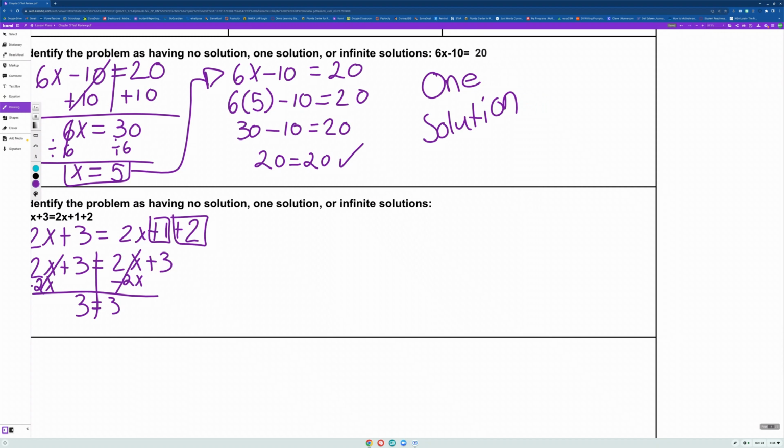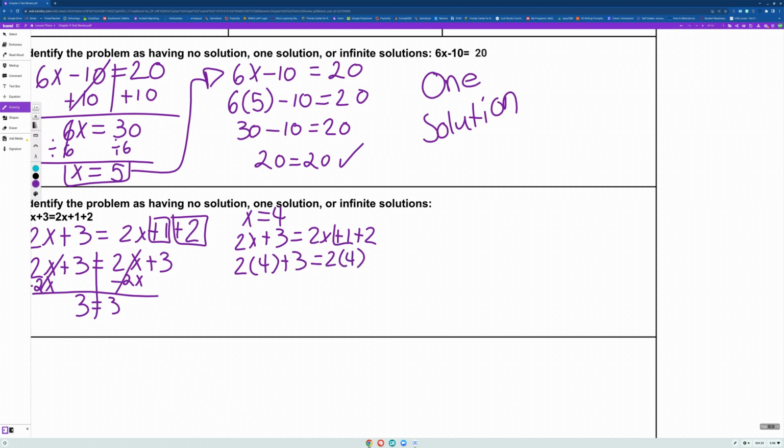So before I can confirm that these are infinite solutions, let's say that x equals 4. Because if it's an infinite solution, then x equals 4 should work. So I'm rewriting 2x plus 3 is equal to 2x plus 1 plus 2. Now rewriting, but putting my 4 in for my x. So 2 times 4 plus 3 is equal to 2 times 4.